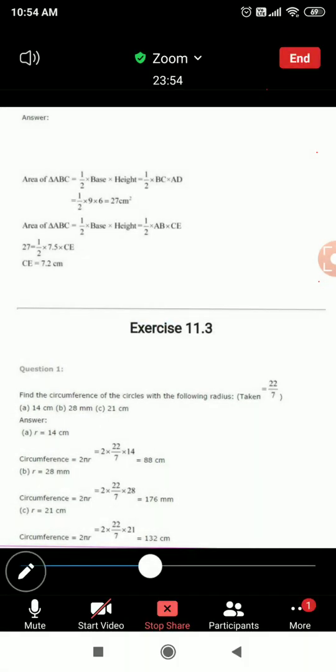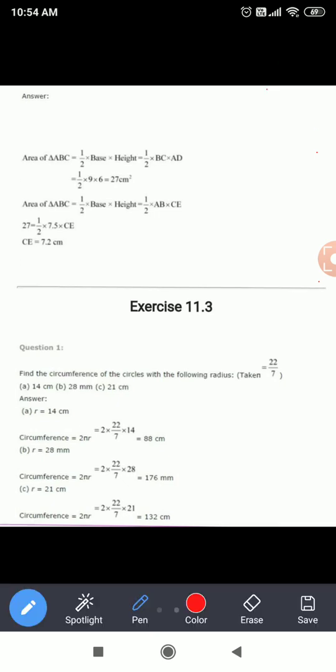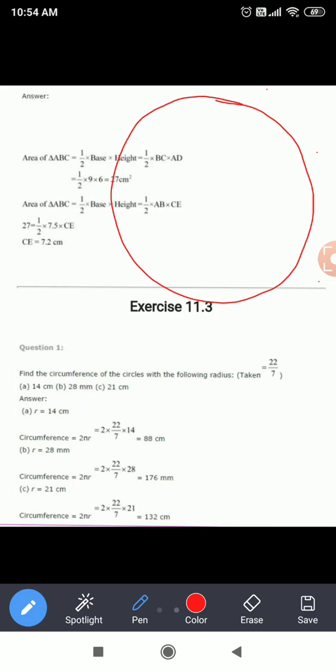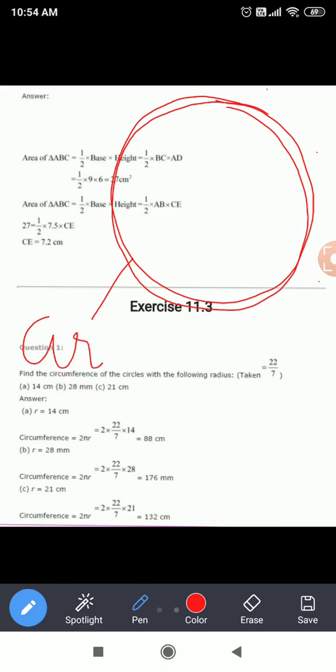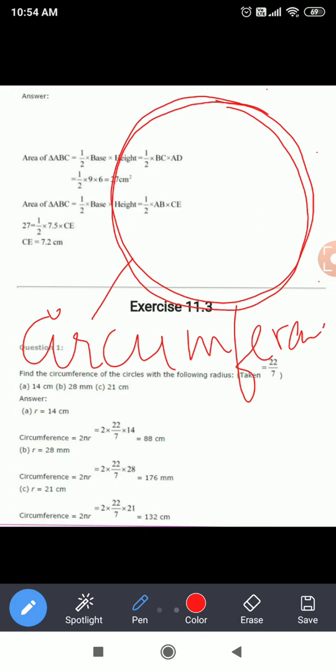Now proceeding towards the introduction of the circle. See, a circle is a circular shape. The boundary of the circle is known as its circumference. And the fixed point on which we keep the compass needle and draw the circle, that fixed point is known as the center.